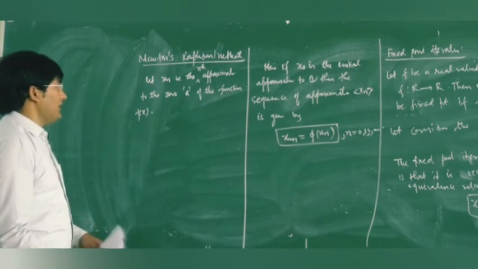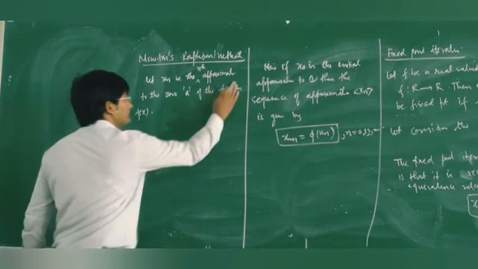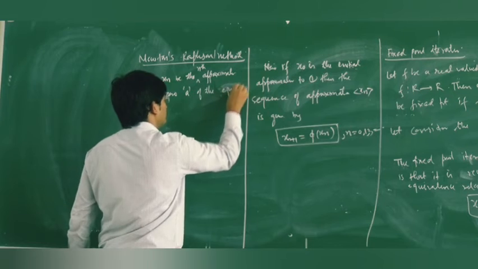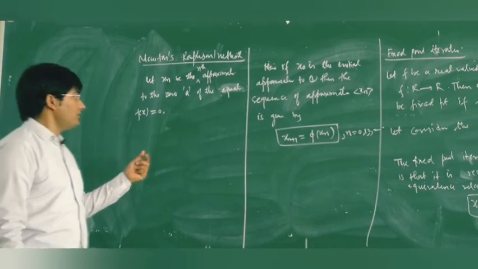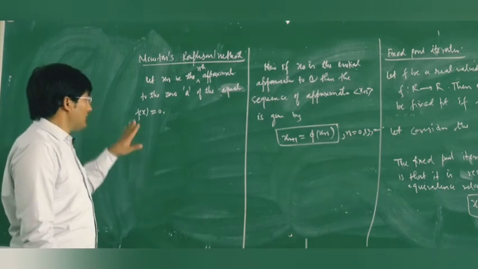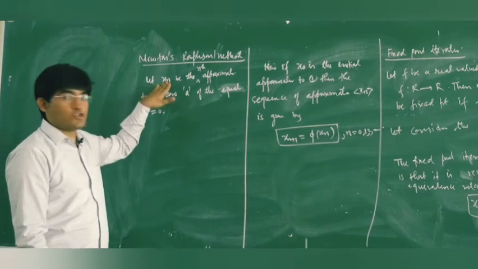So let xn be the nth approximation to the zero a of the equation f of x equal to 0.